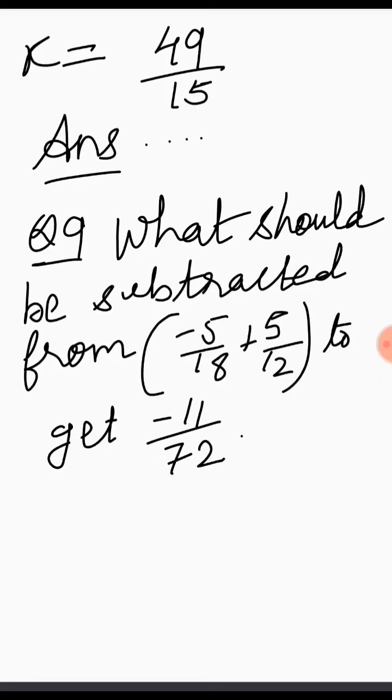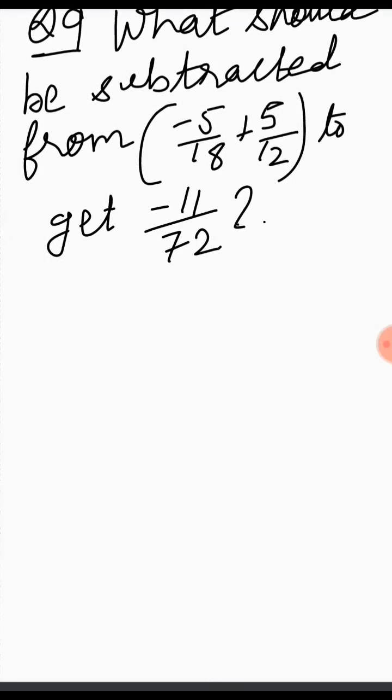Okay, so according to this you have to write in the same way. First, what will you write? Again, that what number should be subtracted from this? Let the required number to be subtracted be x.